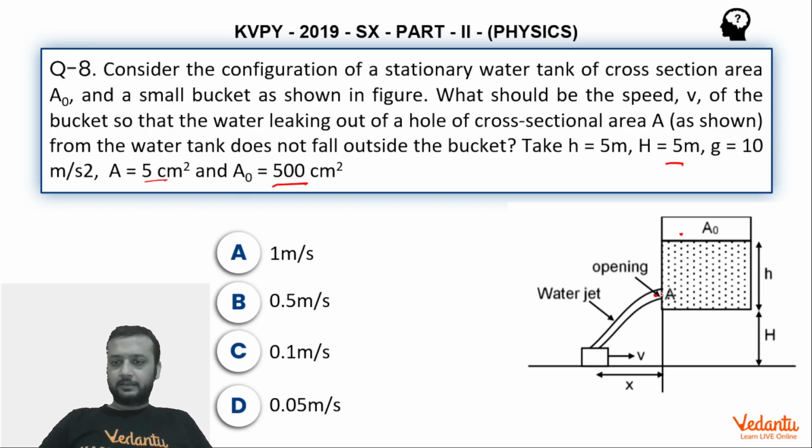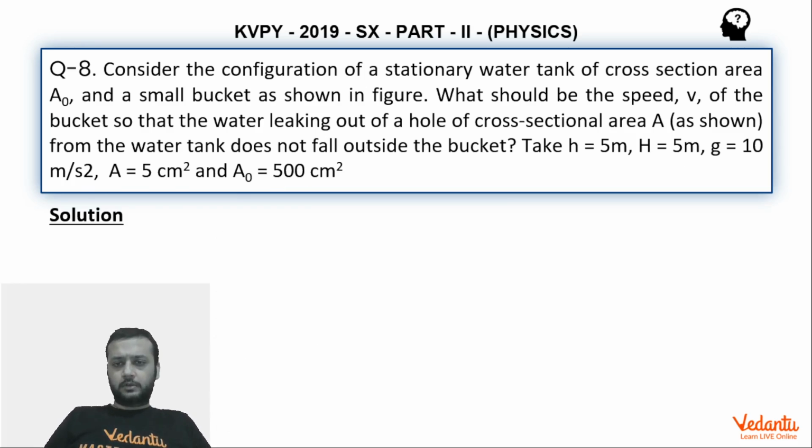Also, one more thing: the area ratio should be very small. That means the area of the opening should be very small in comparison to the area of the free surface, which of course holds over here, so we need not worry about that. But the open tank is not given, so we assume it. Now let's see how to do this question.